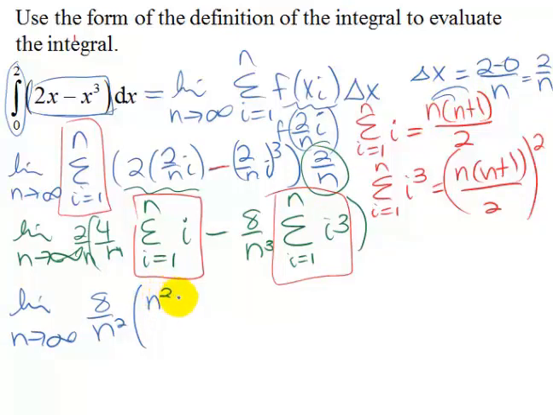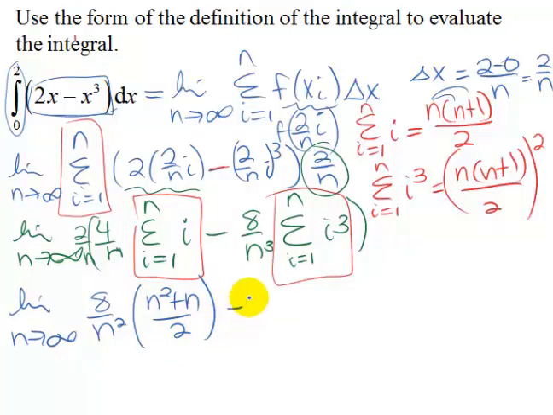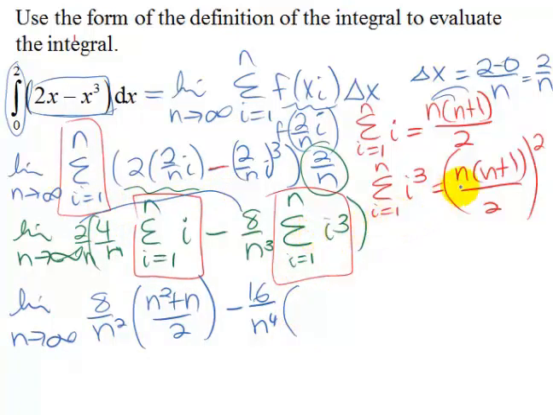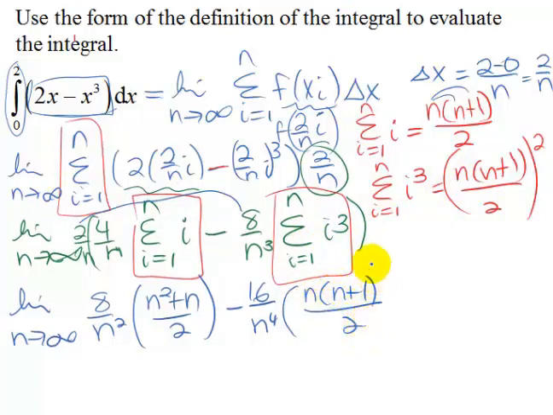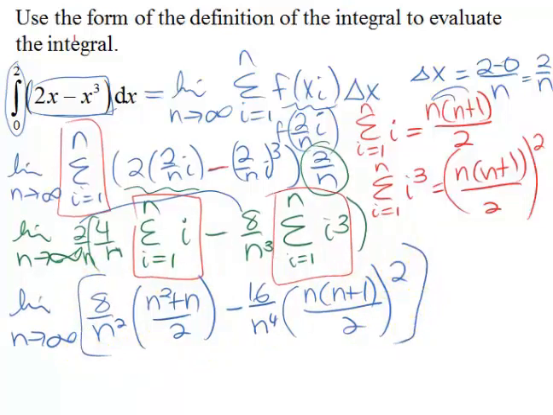So n squared plus n over 2, and then minus 16 over n to the 4th, because we still have that 2 over n that applied right here, and then replacing that summation with the formula, that's going to be n times n plus 1 over 2, squared.